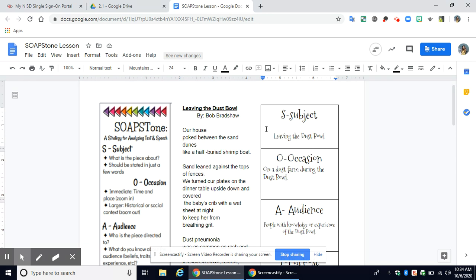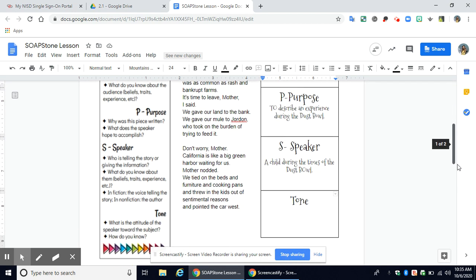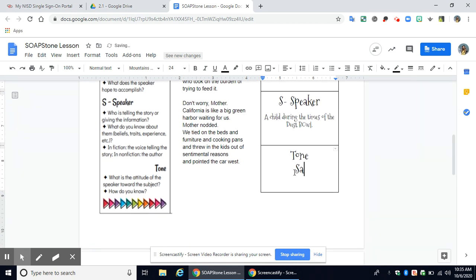It's mentioning that the houses are filled with sand. There's sand in the air, like again with the dishes, turning them over, how it mentions the baby is getting the grit, the sand in the mouth. So I know all of these, the first two stanzas, it is kind of sad. It sounds kind of dark, right? So for the tone, I'm just going to put sadness.